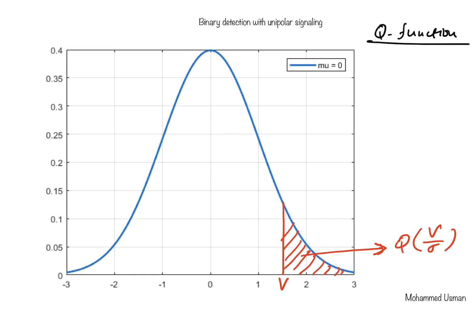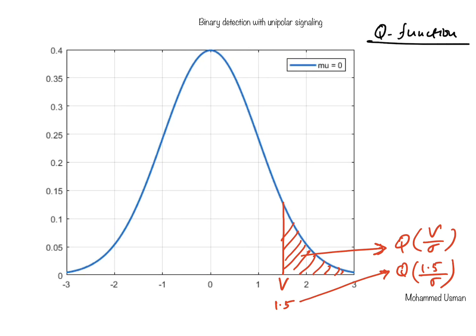So suppose this V is say 1.5, then it's from 1.5 to infinity under the Gaussian PDF, which has 0 mean and some standard deviation sigma. So if it's 1.5, we'll write that as Q of 1.5 by sigma. And similarly, it can be any other representation.